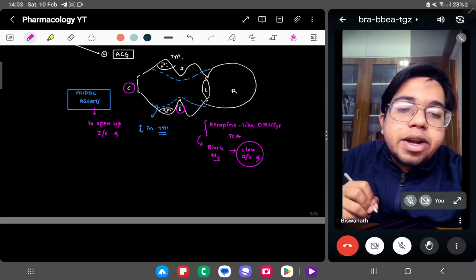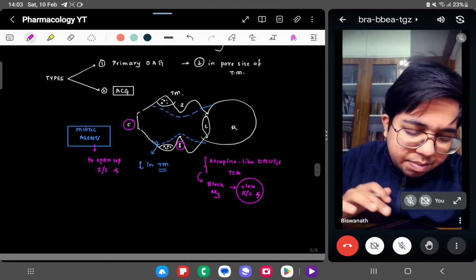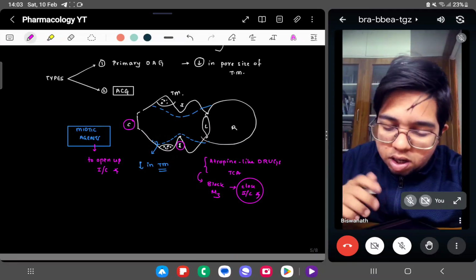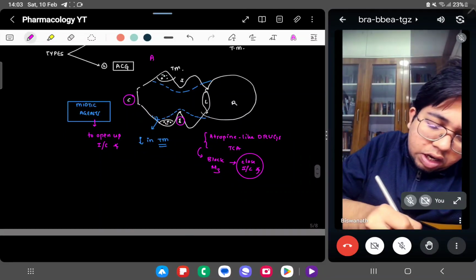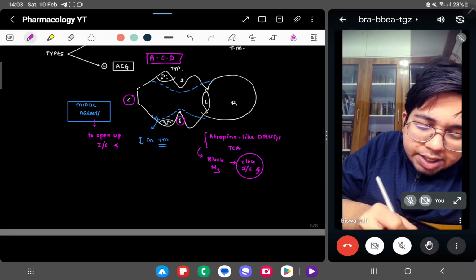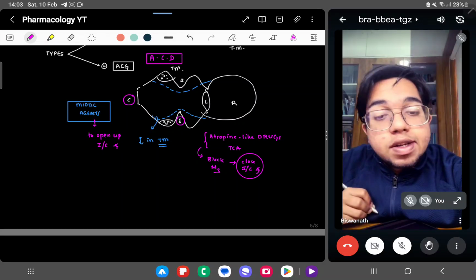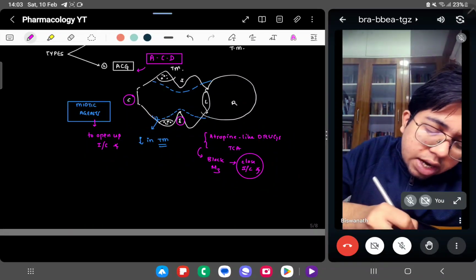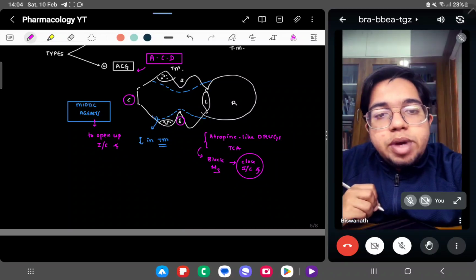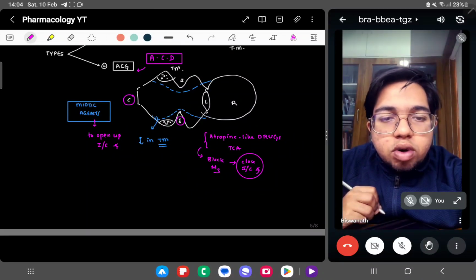And if there is mydriasis, then the same concept applies: angle closure glaucoma. So these anticholinergic drugs, ACD, also can cause angle closure glaucoma. So be cautious when you are prescribing anticholinergic drugs.